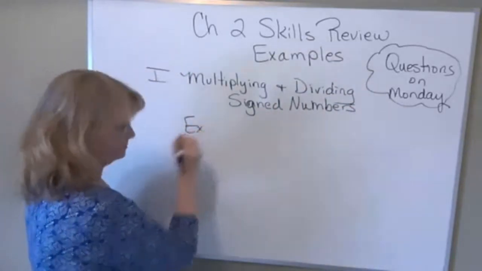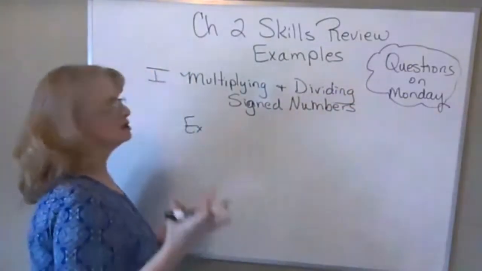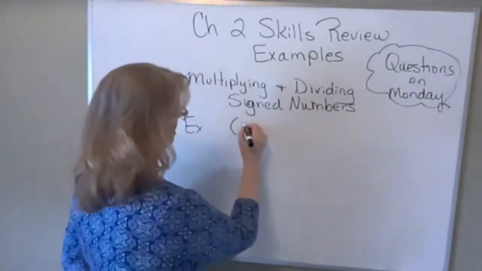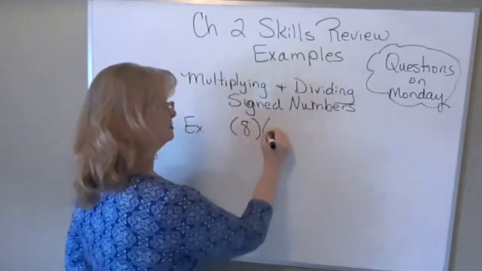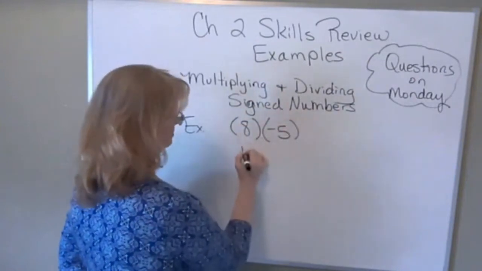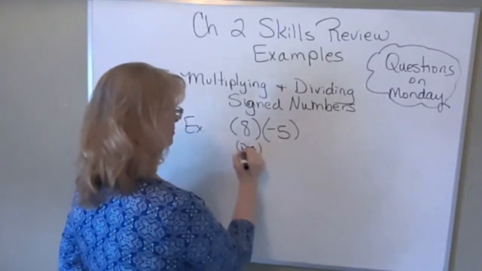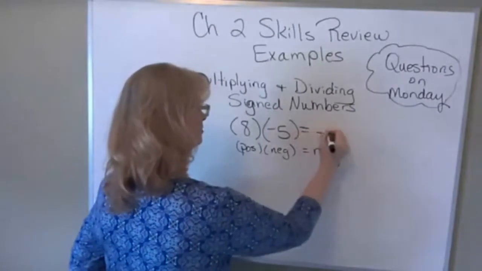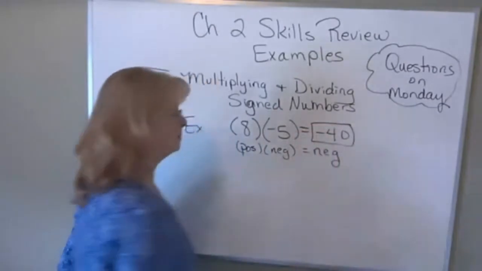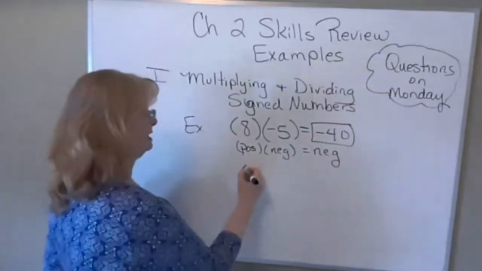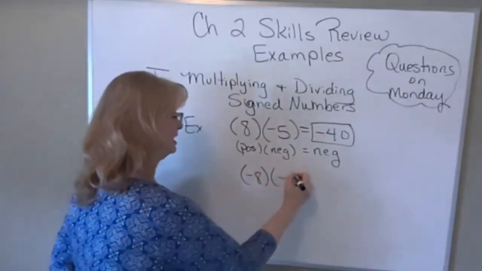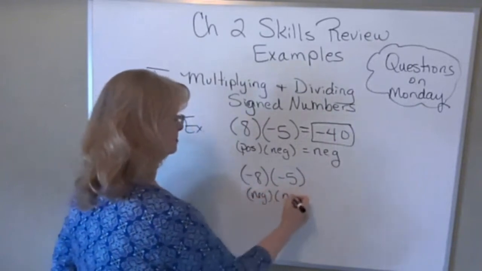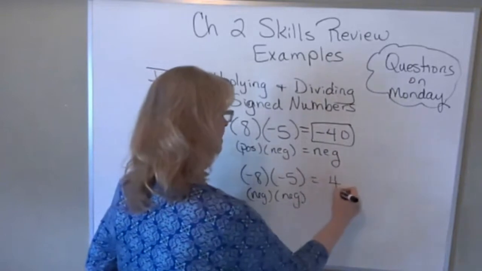For example, just as a reminder, when you multiply a positive times a negative, you get negative. When you multiply a negative times a negative, you get a positive.